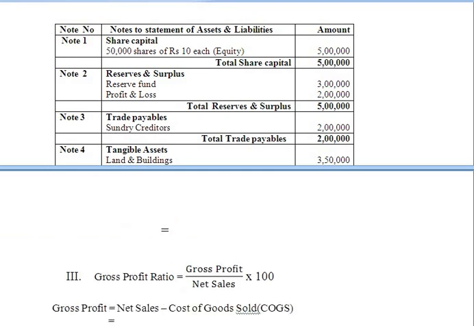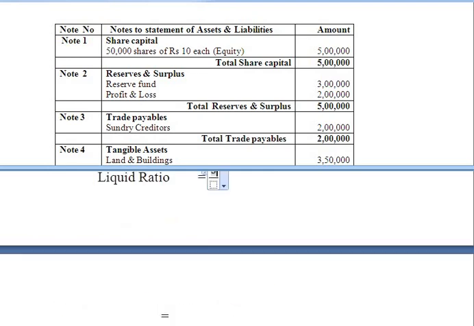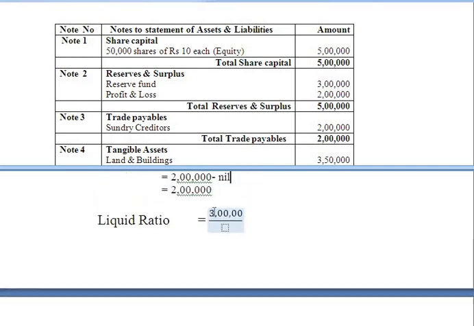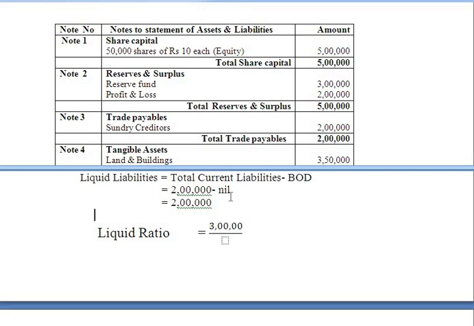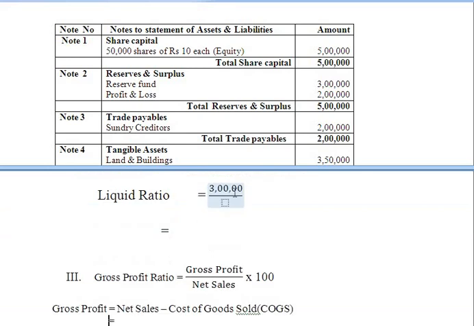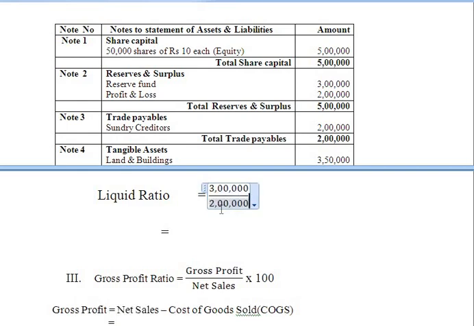So we'll write here 3 lakh divided by 2 lakh. So what is the liquid ratio? 3:2.